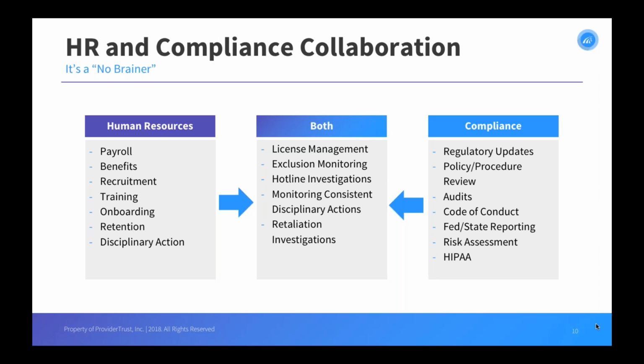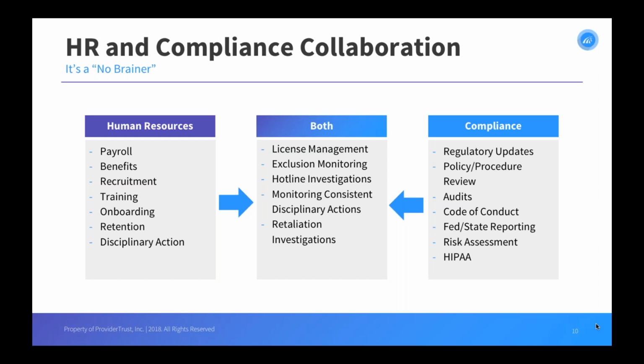And then what are some of those areas where the two teams collaborate? Those fall right in the middle of the box that we're looking at. So certainly something that's familiar in our provider trust world, the license management, the exclusion monitoring, but also the hotline investigations. If we get a hotline call, typically who's involved right away in helping us delve into that? That's the HR folks, really going in and looking at what's happening, making sure that we're doing things on a consistent basis.